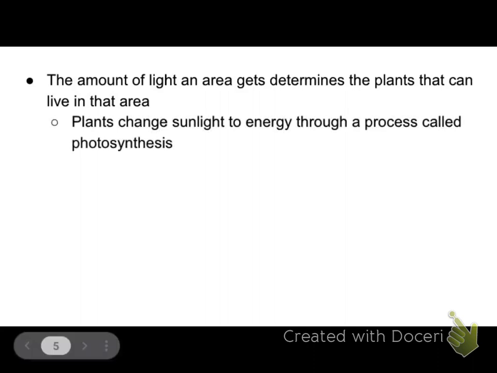Plants change sunlight into energy they can use through a process that's called photosynthesis, which I'm sure you've been hearing about since probably third grade. Okay, so you're familiar with that, which is why all plants need some level of sunlight. Depending on the plant, they may need more or less than others.